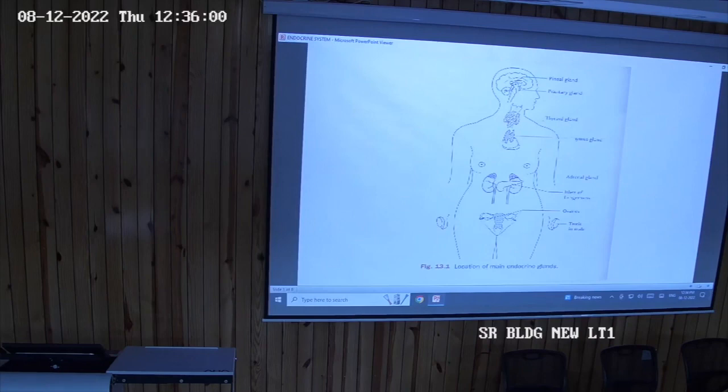And in some adults, there is hypothyroidism, and the condition is called myxedema. Myxedema in adults. If the person is suffering from hypothyroidism as an adult, we call it myxedema. If it is in a child, it is called cretinism.